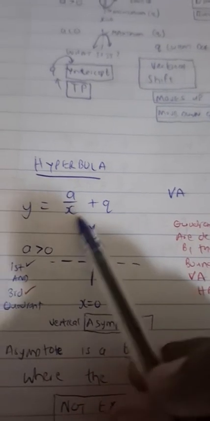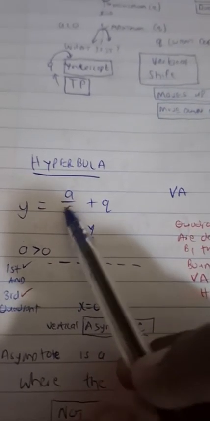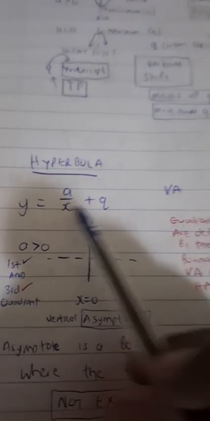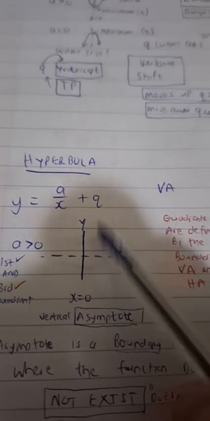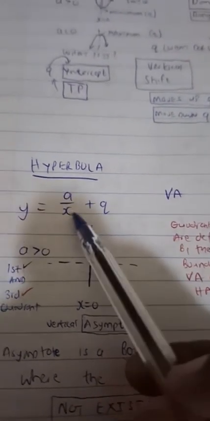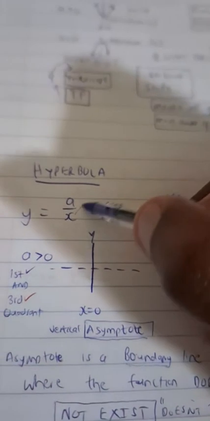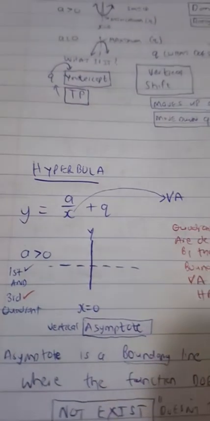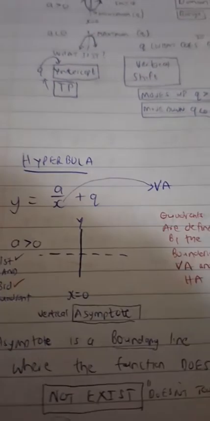What is that value, guys? What is that value that x cannot be in the denominator? Okay, 0, right?